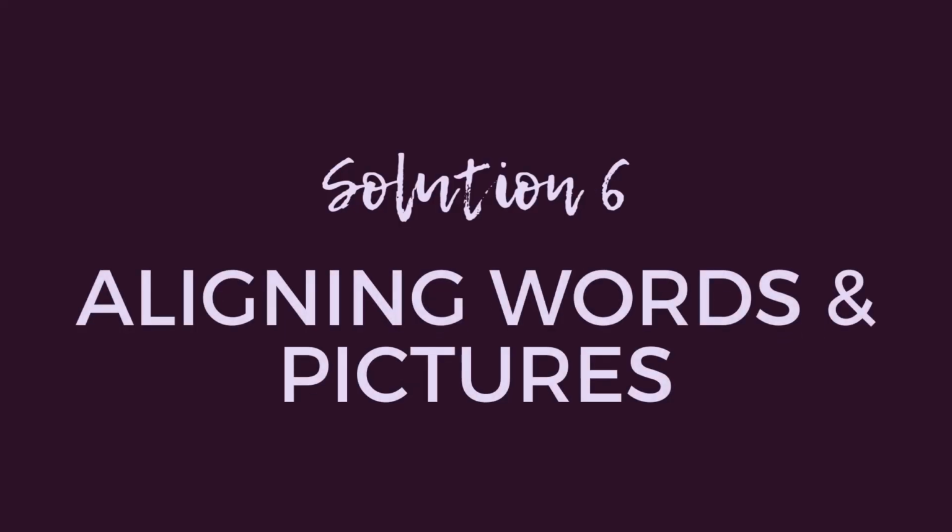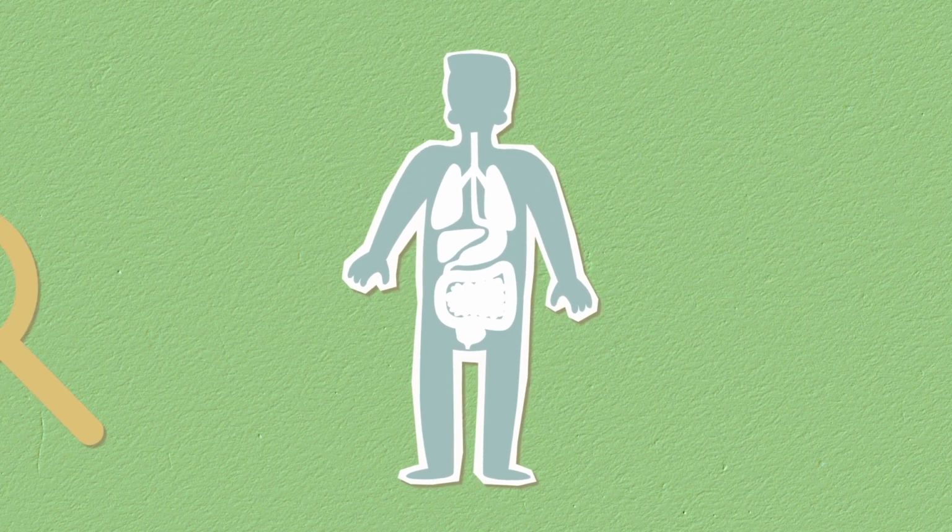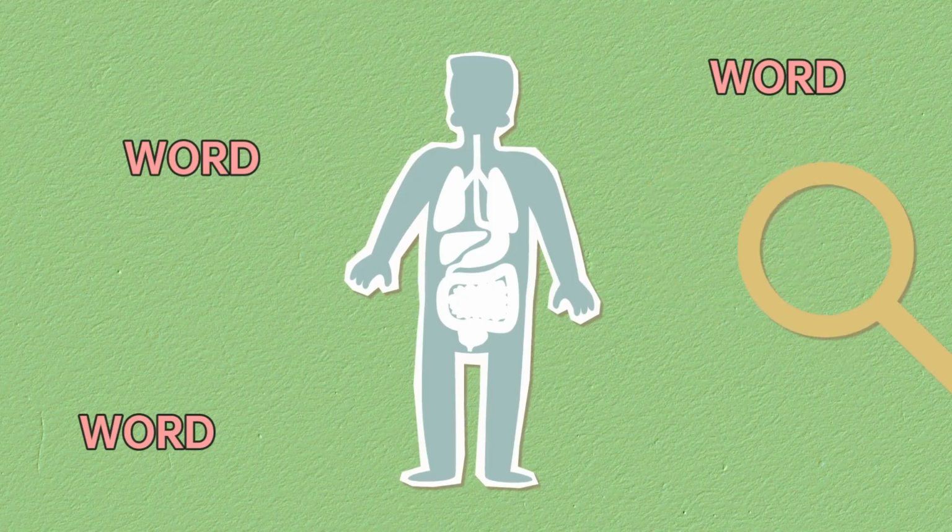And the sixth is called aligning words and pictures. Sometimes when words and pictures are not placed together properly on the screen, it can make learning harder. For example, there is an animation on one side of the screen and the words explaining it are on the other side.